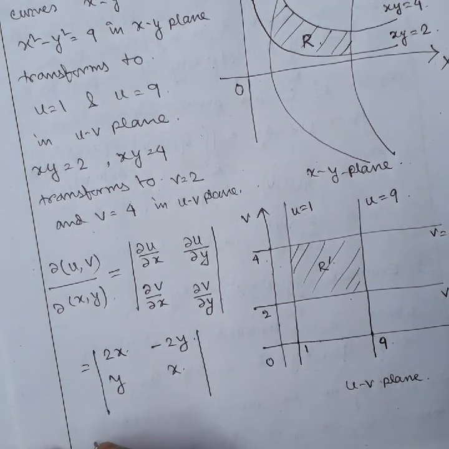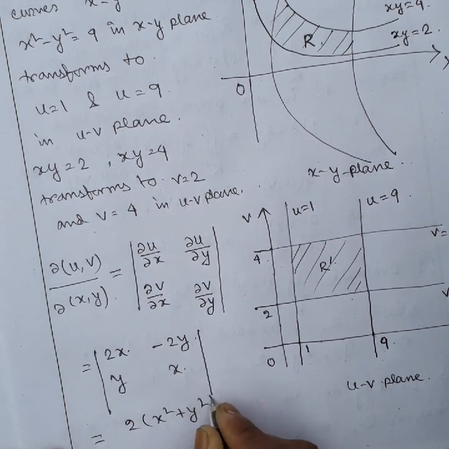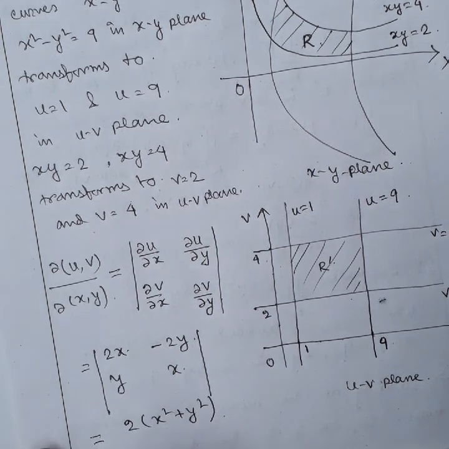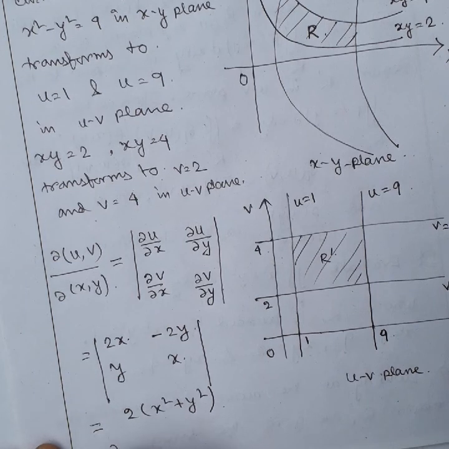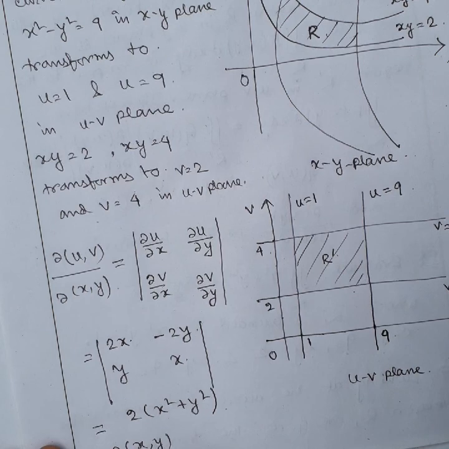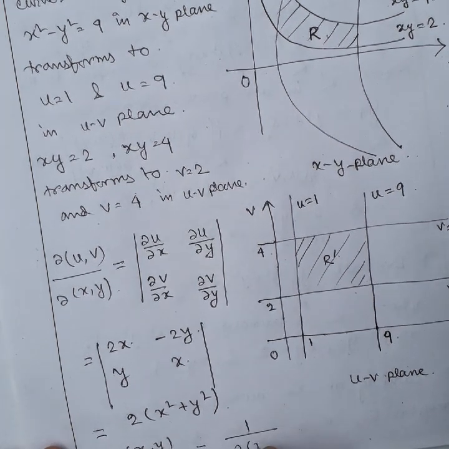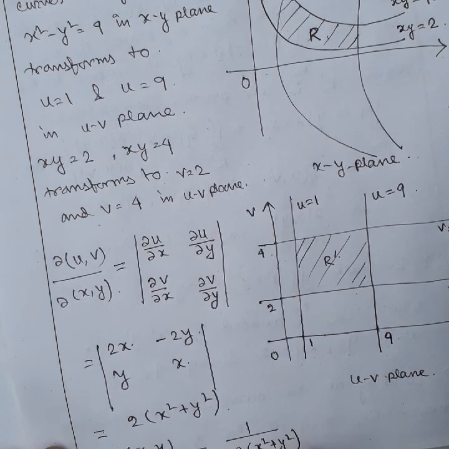So this equals 2 into x square plus y square. So del of x y by del of u v equals 1 by 2 into x square plus y square.